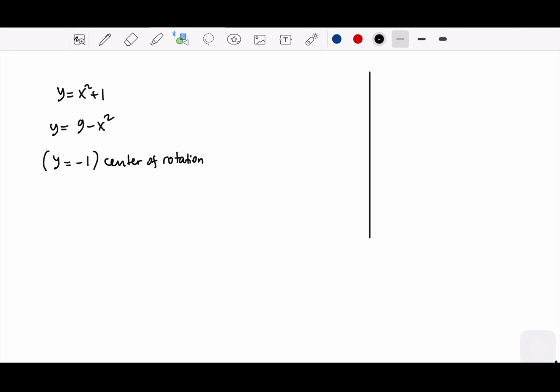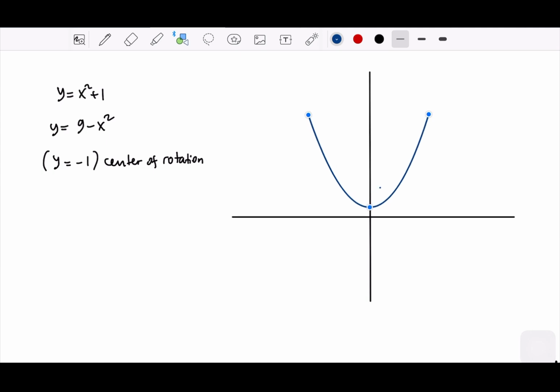So let's say this is x squared plus 1, and 9 minus x squared is maybe around here, and maybe like that.